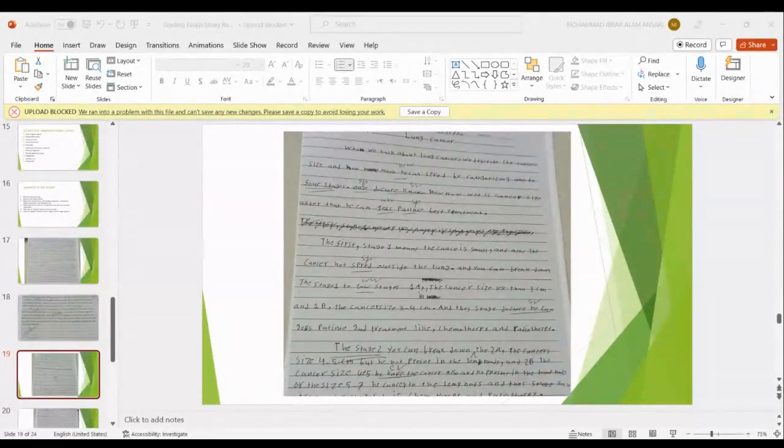Wow, great. I'll be attending this workshop on IELTS preparation task 2. Thank you, Rabia. Thank you, Kamal.